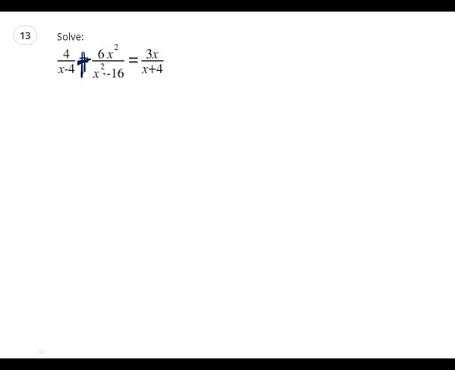Not there. So take a brain break for just a minute while I get to the test. I want to make sure that I put the plus sign on the right side.